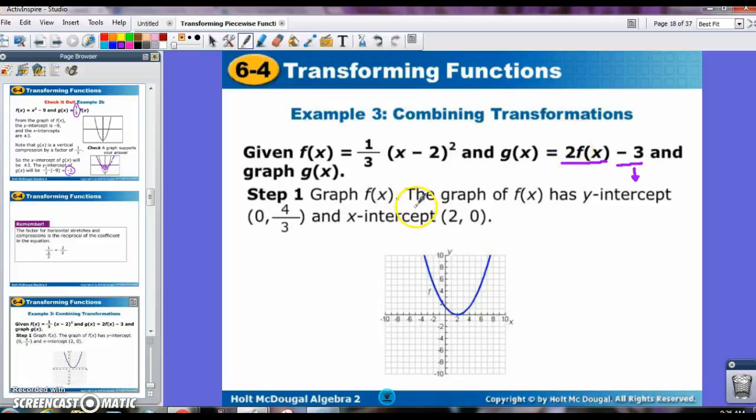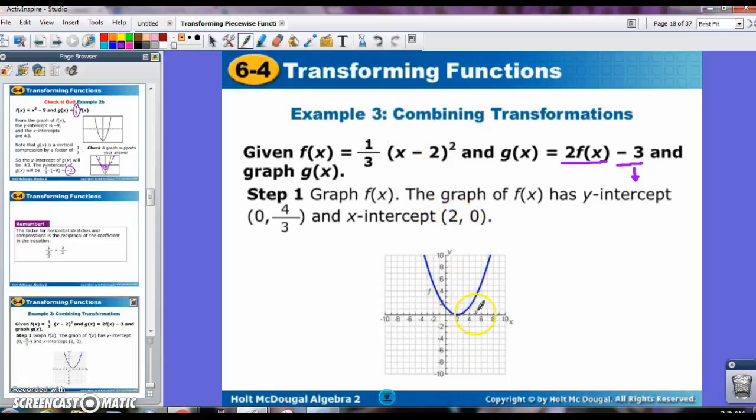So let's go ahead and start by just graphing f of x. When we graph it, we see that we have a y-intercept of 0, 4/3, right? And to find the y-intercept, you would just plug 0 in for x and solve it, so we get 4/3. And to find the x-intercept, we would just plug in 0 for y and solve that, and we get that x is 2.